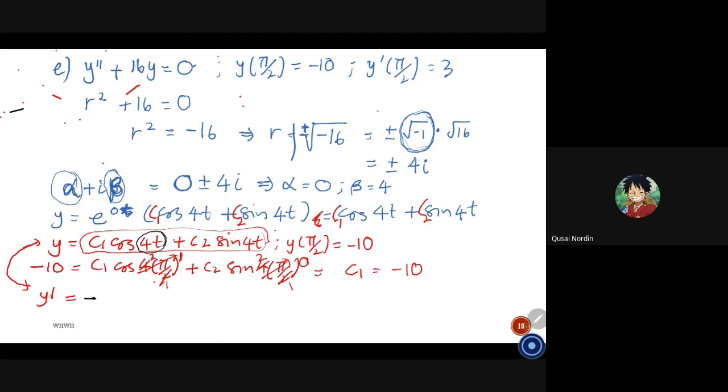And look, inside here we have 4t. So it means we also differentiate the thing inside. Remember we learned the chain rule in Engineering Maths 1. Negative 4 C1 sin 4t. Okay, and then differentiate sin, you will get cos. So plus 4 C2 cos 4t.